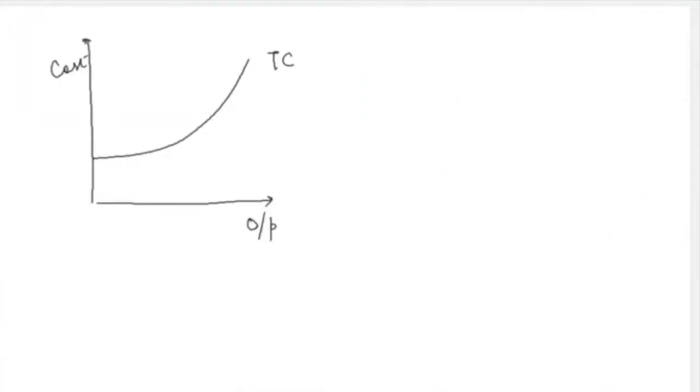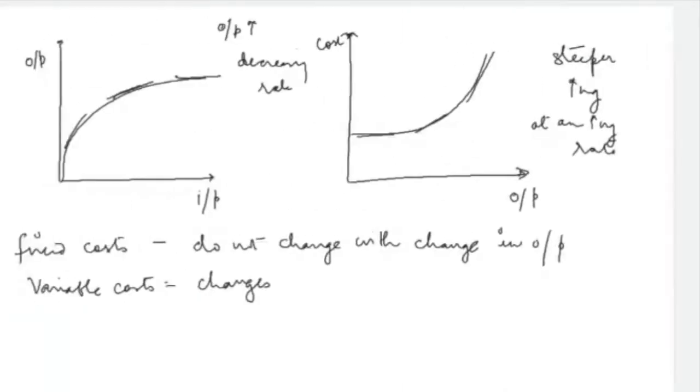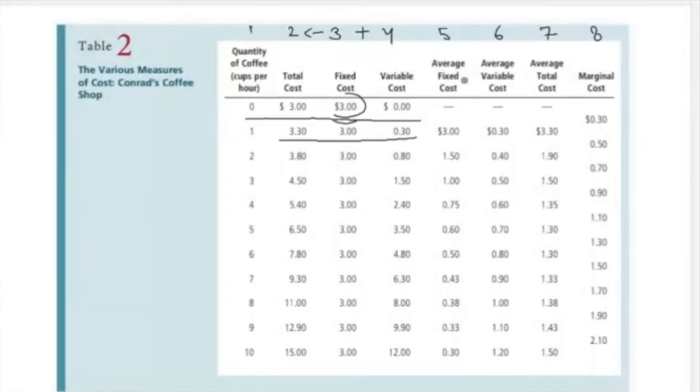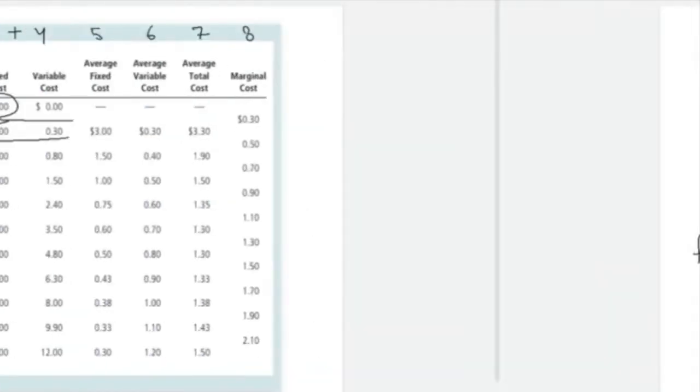Now let's try to understand the two measures of cost, which are called average and marginal cost. Now you notice that in this table, you have some costs which are average costs. So you have three versions of the average cost: average fixed cost, average variable cost, and average total cost, and then you have one type of marginal cost. So what exactly are these average costs and marginal costs?